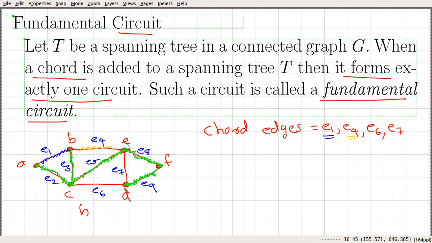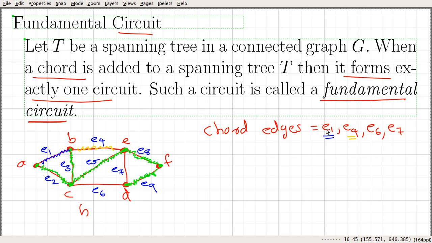So when a chord is added to a spanning tree, it forms exactly one circuit, and such a circuit is called a fundamental circuit. Here we saw if we add E1 to this spanning tree, we have this circuit, if we add E4 we have this circuit, and similarly for E6 and E7 we have these cycles.